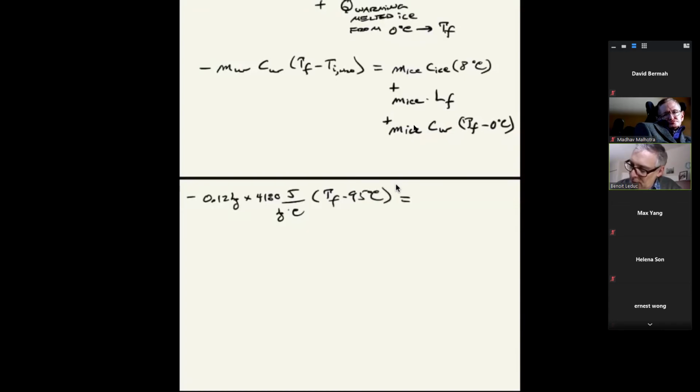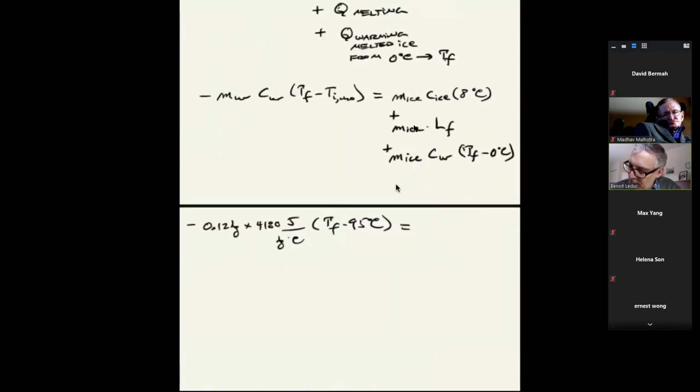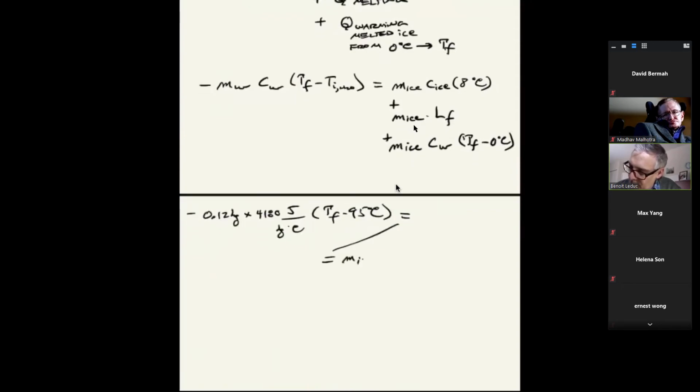This is equal to the mass of the ice, which I can factor out, times the specific heat capacity of the ice, I don't remember exactly, times 8 degrees Celsius, plus the latent heat of fusion of water, which is 3.3 times 10 to the 5 joule per kilogram.